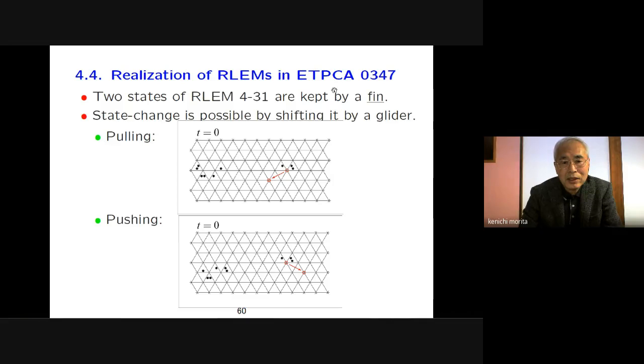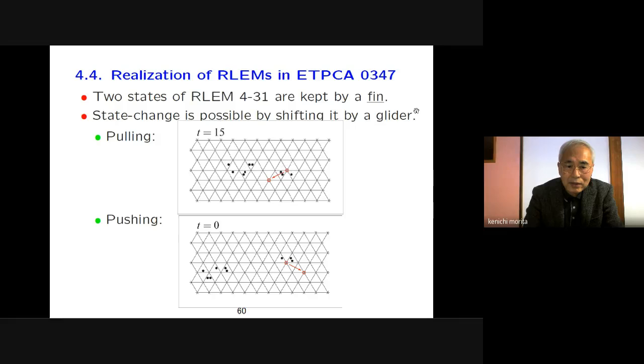Now, I consider how we can realize RLEMs in ETPCA 0347. Such a simple cellular automaton can simulate a reversible logic element with memory. Here, the 2 states of RLEM 431 are kept by a fin. This is a fin. And state change is possible by shifting it by a glider.